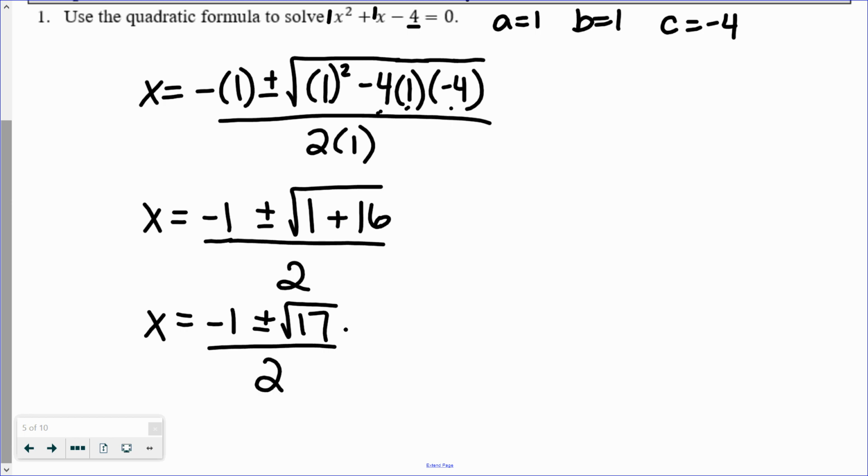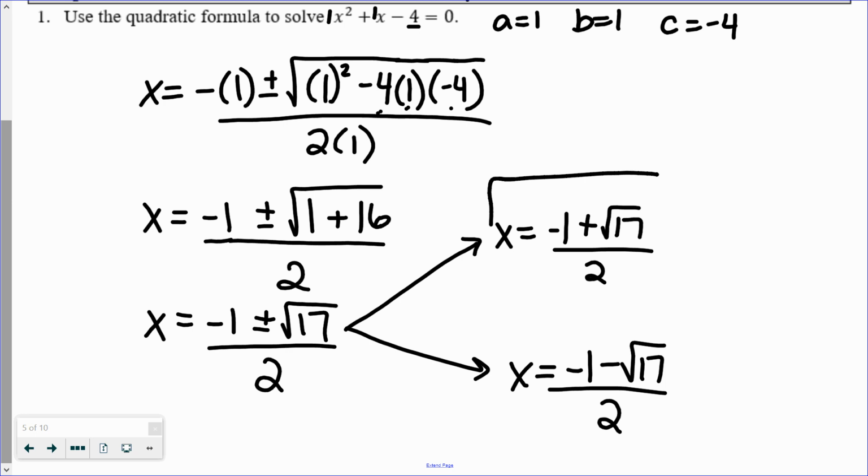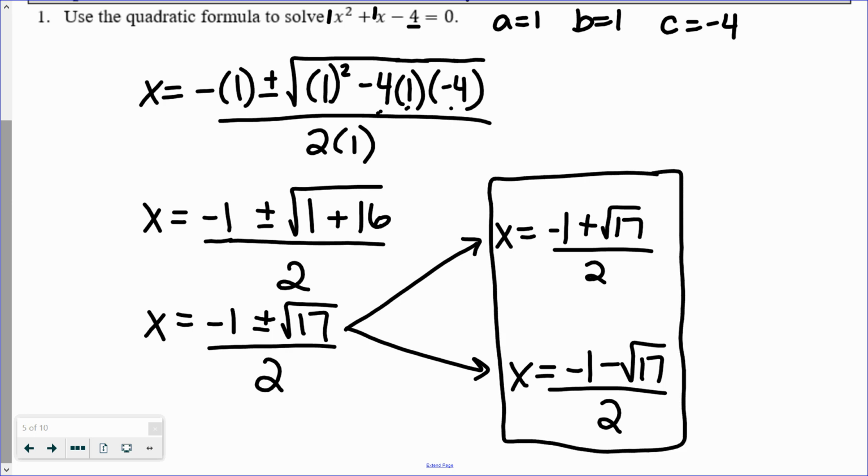So we have two situations out of here. We have x equals negative 1 plus the square root of 17 over 2. And we have the other situation of x equals negative 1 minus the square root of 17 divided by 2. So these two answers, even though they look real dumb, these are the exact answers.